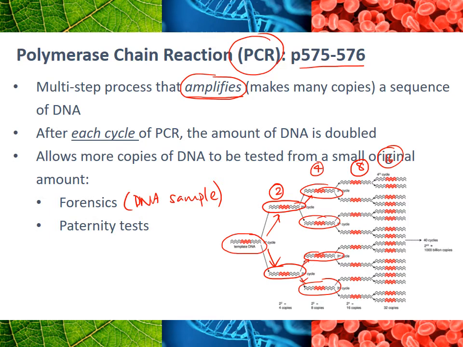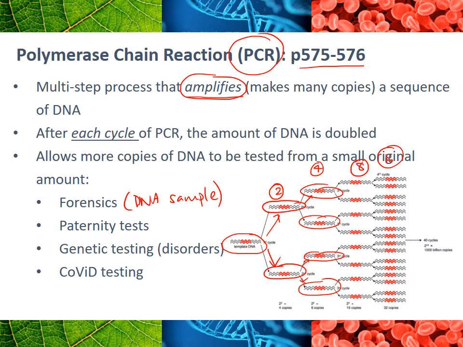It's used in things like paternity testing, to test whether someone is the biological father of a child. It can be used a lot with genetic testing, looking at disorders. So even just getting a small sample of blood, we can get lots and lots of copies of DNA from that. And you may have seen this come up in the news recently.